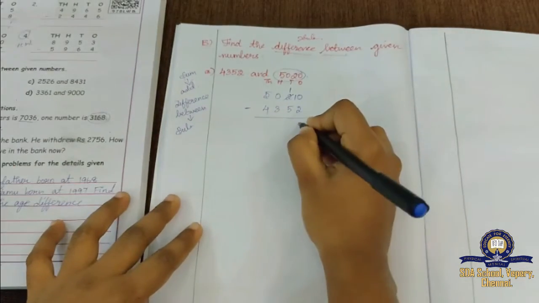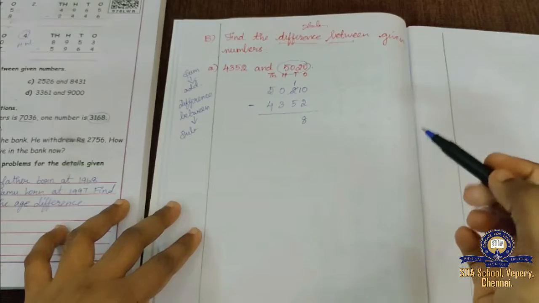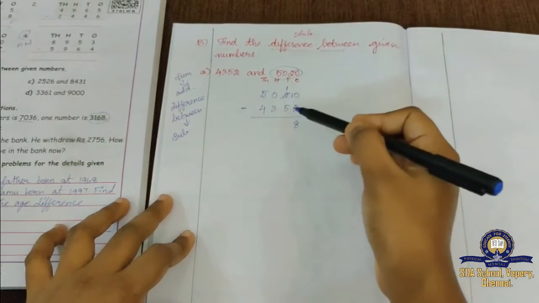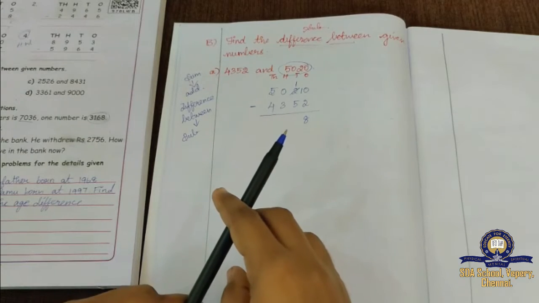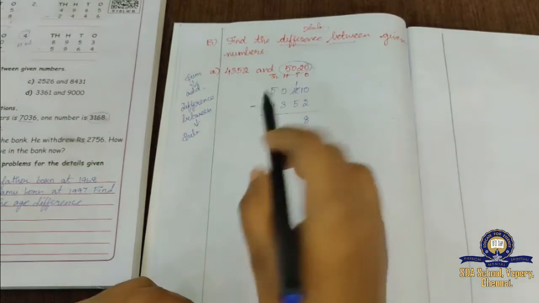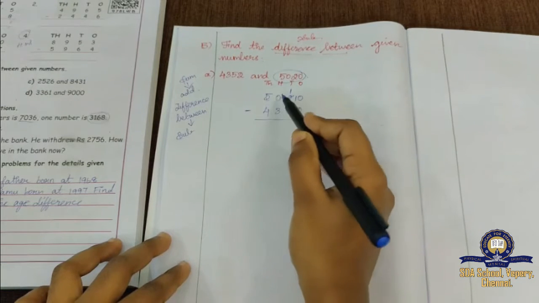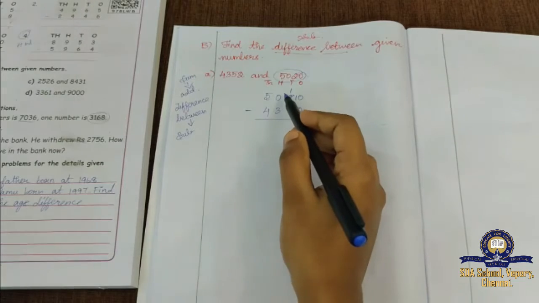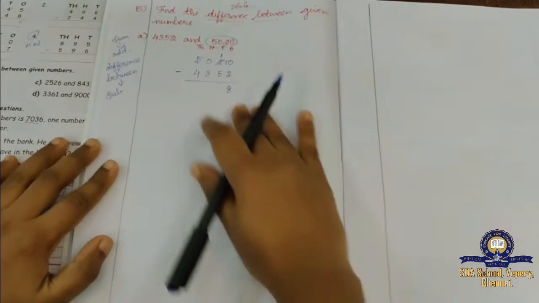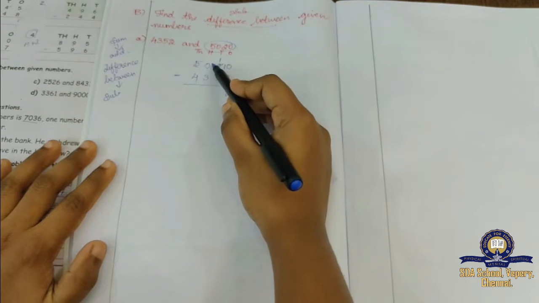The answer is 8. So can we subtract 1 minus 5? No, we cannot subtract 1 minus 5. What we have to do? We have to borrow it from the nearby place. So if we see the nearby place 100, we have 0. So can we borrow a number from 0? No, we cannot borrow. So what we have to do?